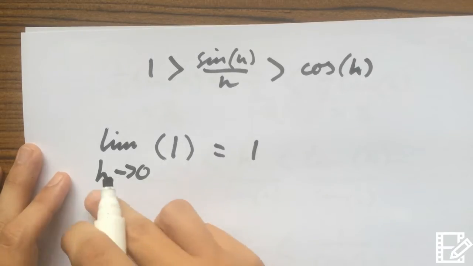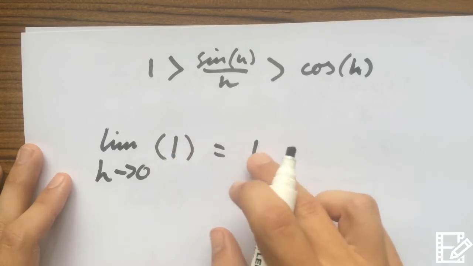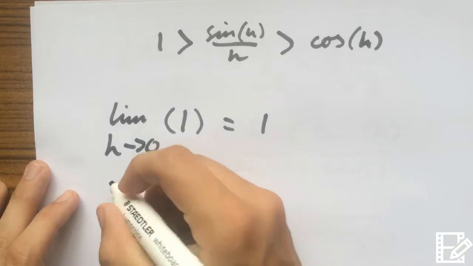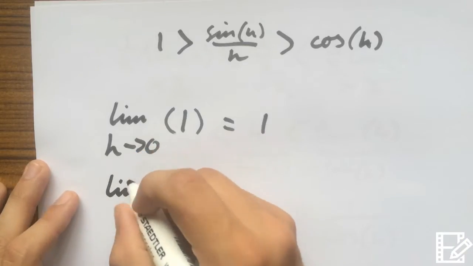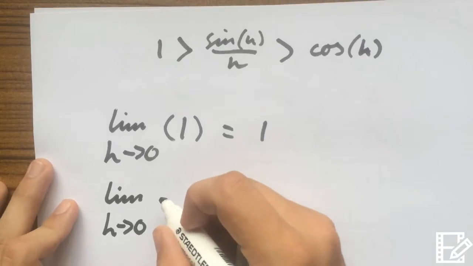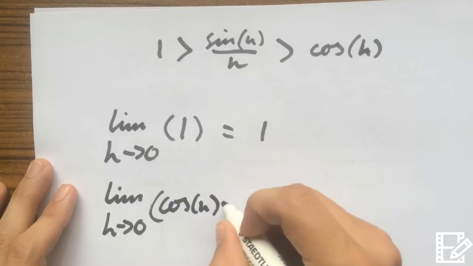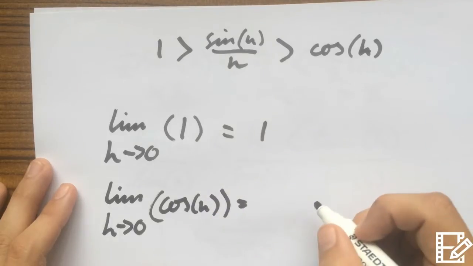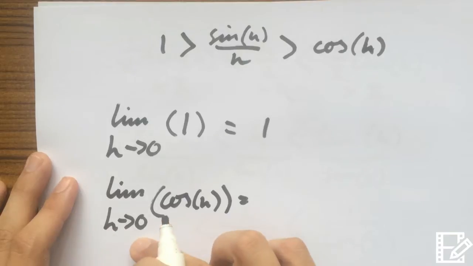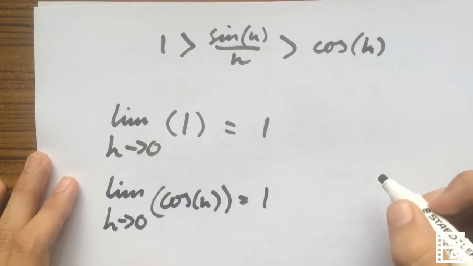We can make h 10, 20, but because there's no h in here, it just ends up being a 1. And the limit as h approaches 0 of cosine of h, well, cosine of 0 is 1, so the closer it gets to 0, it'll be 1.